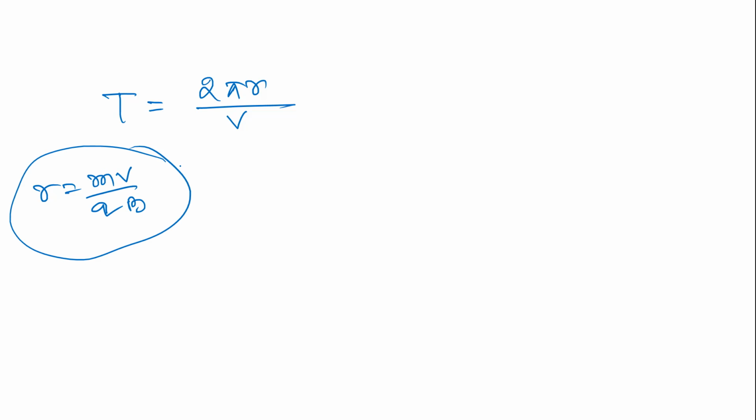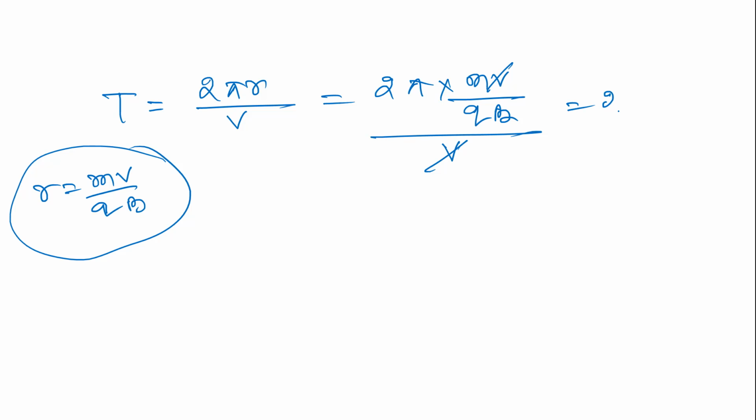So we can substitute that value in place of r. So I will get m into v divided by q into B, and here one v was there, so v is eliminated, right? So we get 2 pi m divided by qB. This is the time period for one revolution.